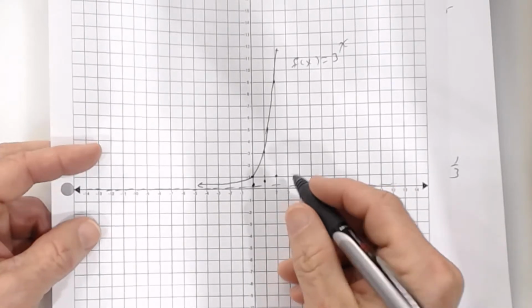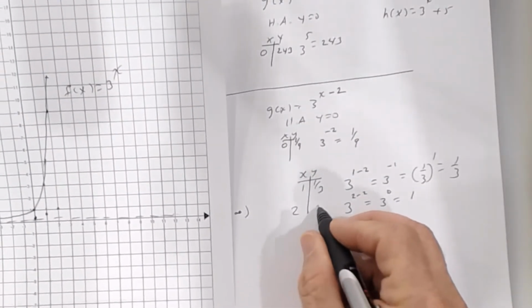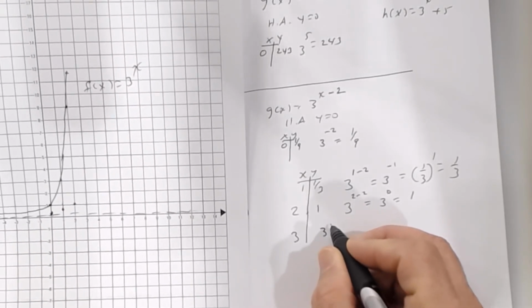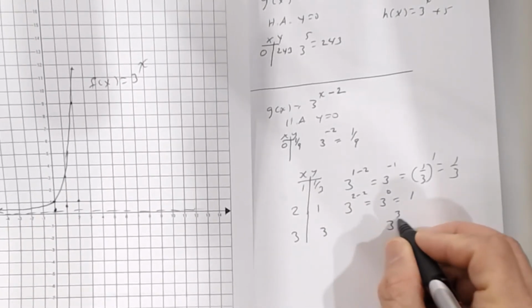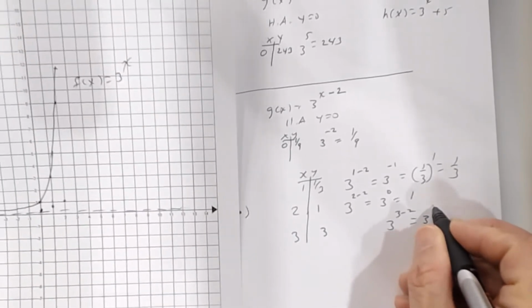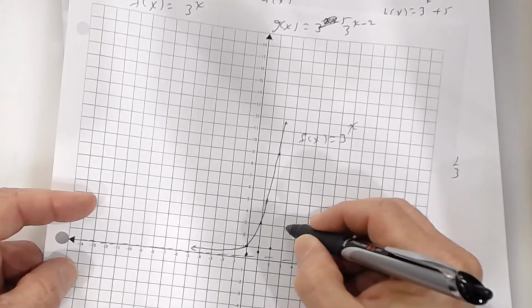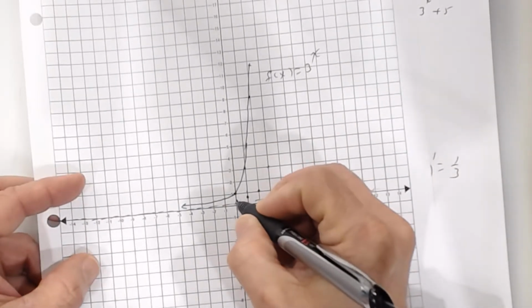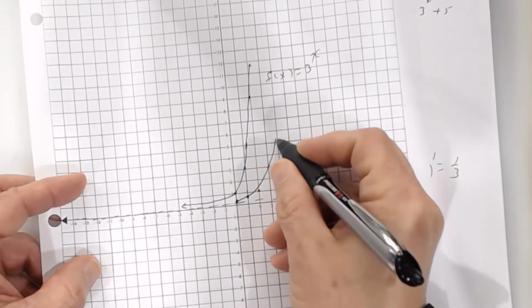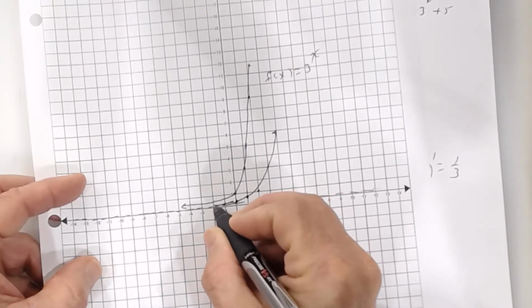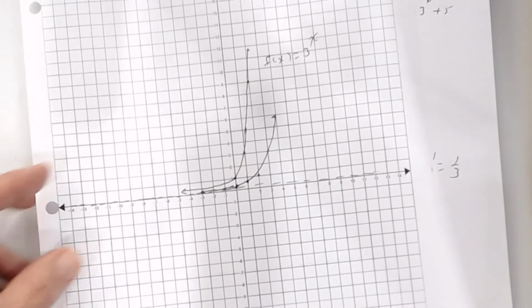If x is 3, I get 3 to the 3 minus 2, which is 3 to the first, which is 3. So I get 3, 3. So look at what happens here. This part goes like this, and this goes towards the horizontal asymptote without crossing it.